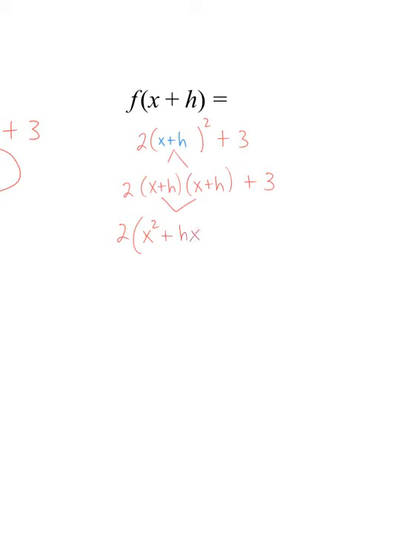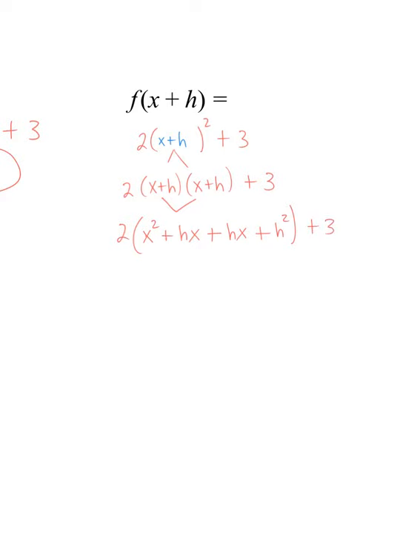So hx. If I do the inside 2 terms, I have another h times x. So another plus hx. And finally, the last 2 terms, h times h, gives me h squared. So when I square x plus h, I get this. Don't forget the plus 3 on the end.